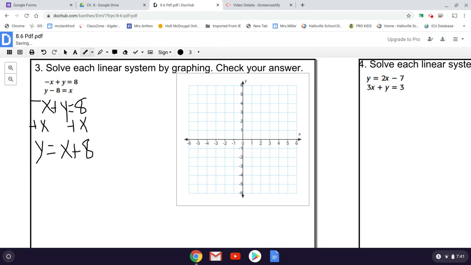To graph this, I'm going to put a point at positive 8 and just estimate. Our slope is 1, so that's up 1, right 1. However, that would be really off my chart. So instead, I'm going to go down 1, left 1, and then down 1, left 1 again. And then I'm going to draw my line through it.